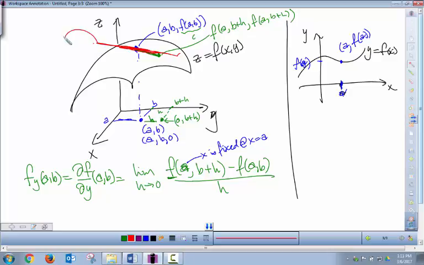So this line has slope, and I want to put slope in parentheses because we have to look at lines, slopes of lines, as something that's a two-dimensional figure.